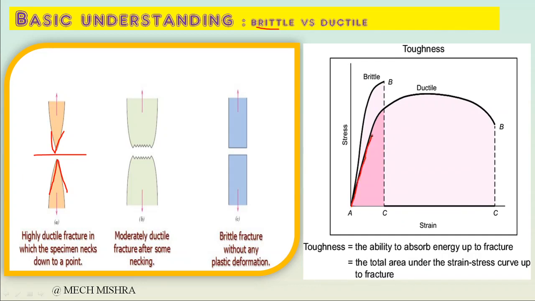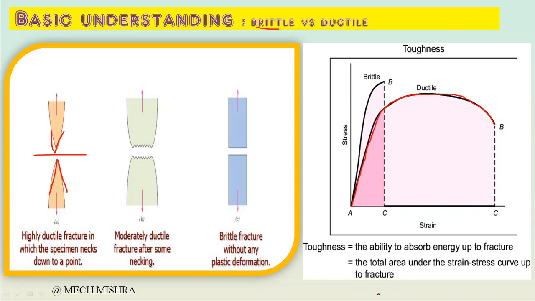Up to here, stress is directly proportional to strain and the material will regain its position, but after this point the material will yield, it will be drawn into a wire, and it will go like this, and at point B the material will fail. The area under this curve is what we call toughness.